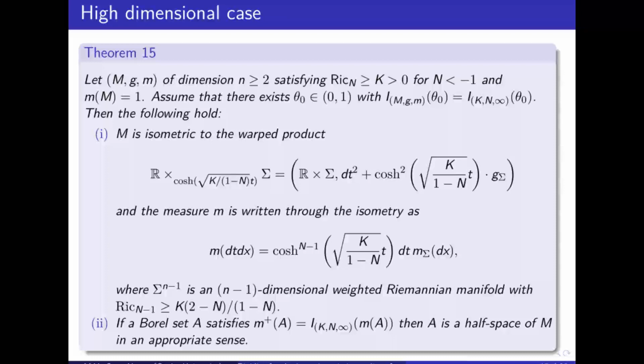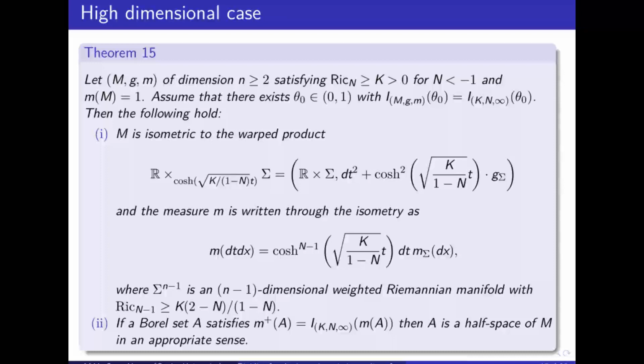Then the manifold must be isometric to a warped product, similar to the case of the sub-spectral gap inequality. And the isoperimetric minimizer must be a half space in an appropriate sense. I will describe it in the proof.